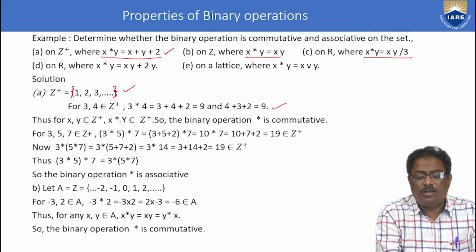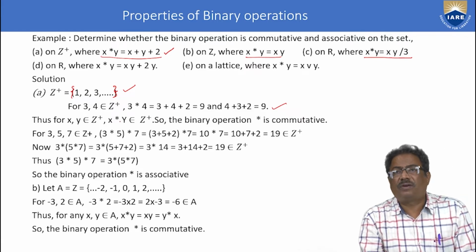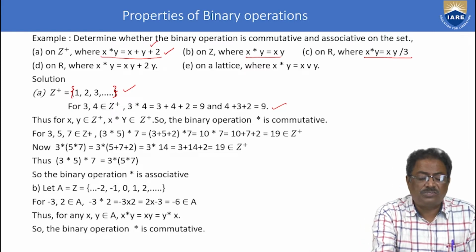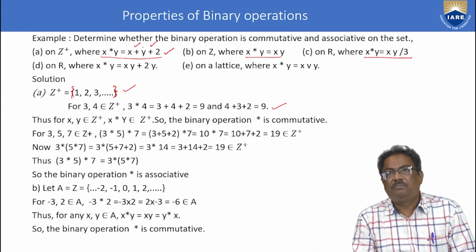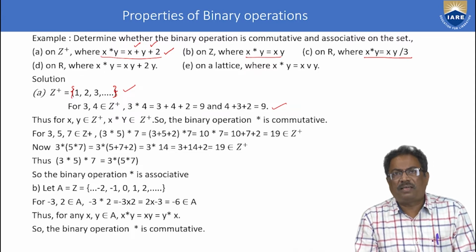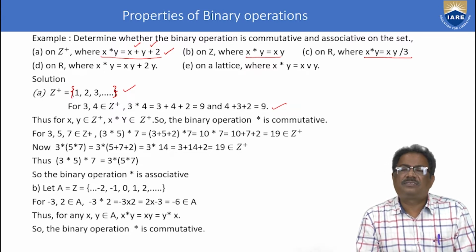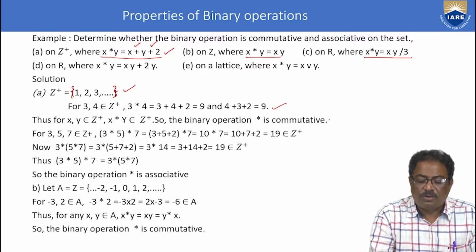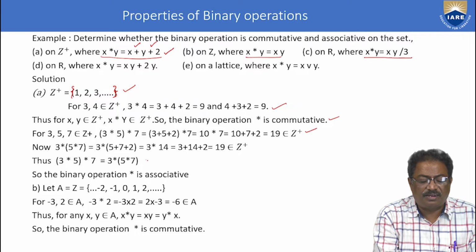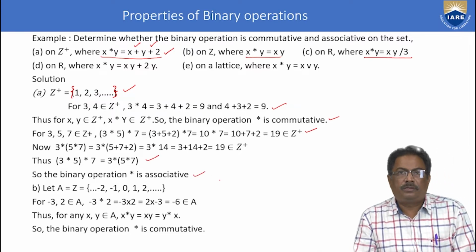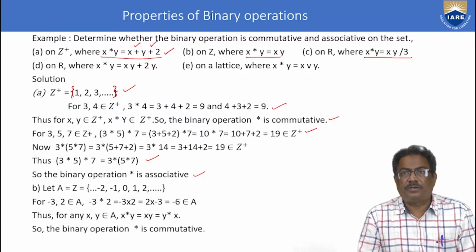Any two elements, if I am considering, because the operation addition will be there between the numbers and +2 will be there, addition is satisfying the commutativeness as well as the associativeness. So obviously under this binary operation, it is associative as well as commutative.